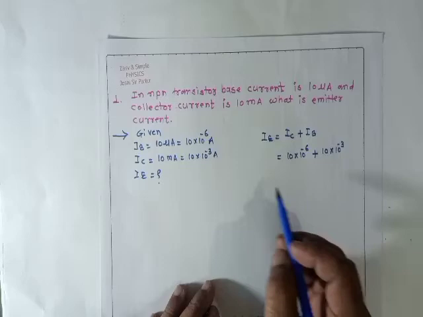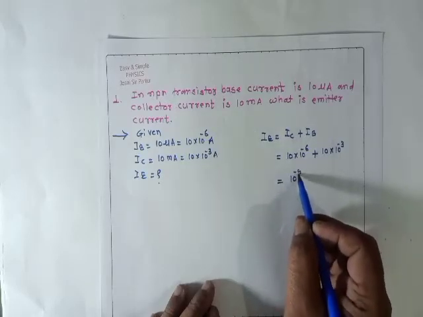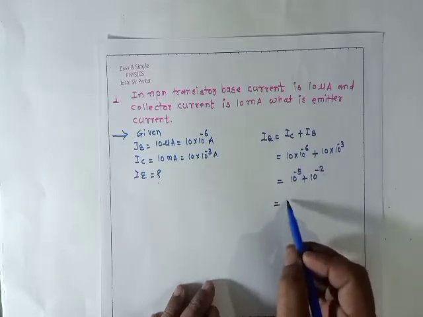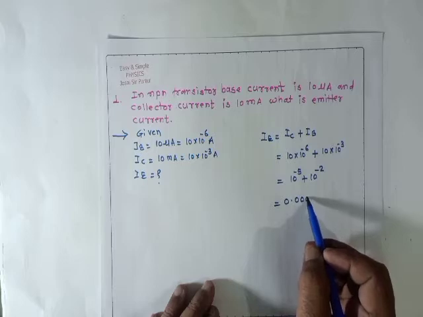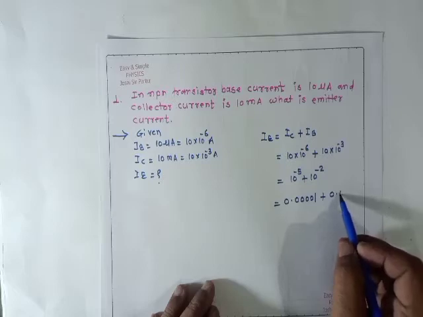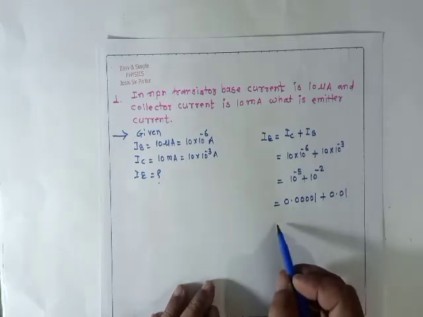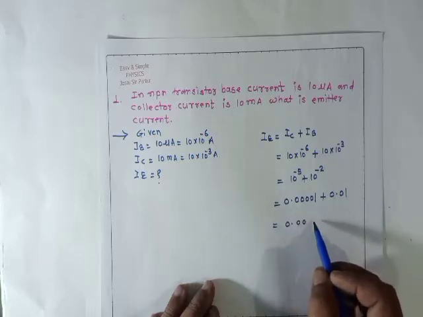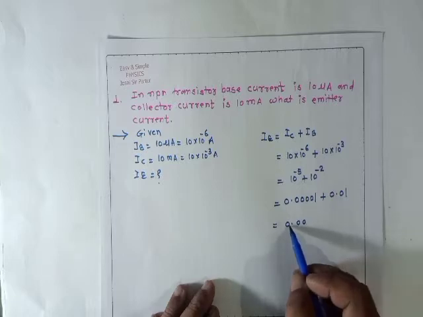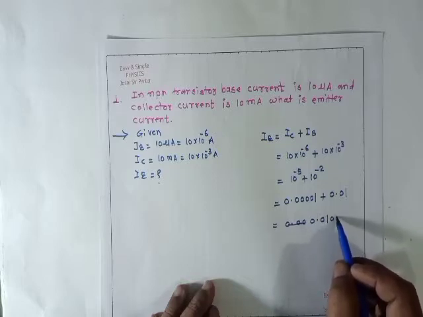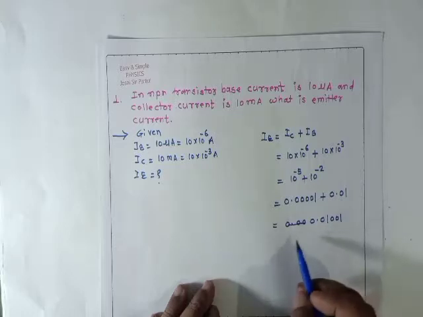If we solve here, 10 raised to minus 5 plus 10 raised to minus 2, means 0.00001 plus 0.01. So here it will be 0.01001.